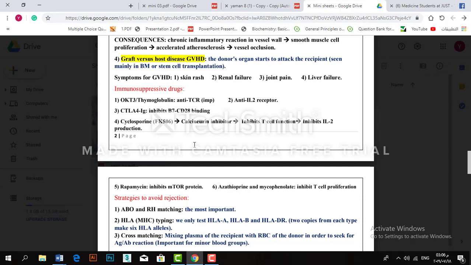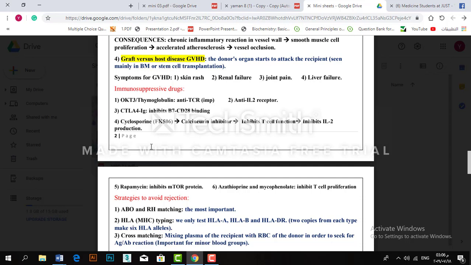This CTLA4 immunoglobulin is very important. We're going to talk about it in the next lecture. So CTLA4 immunoglobulin inhibits B7 and CD28 binding. As we will know, B7 has higher affinity to bind with CTLA4 rather than CD28.